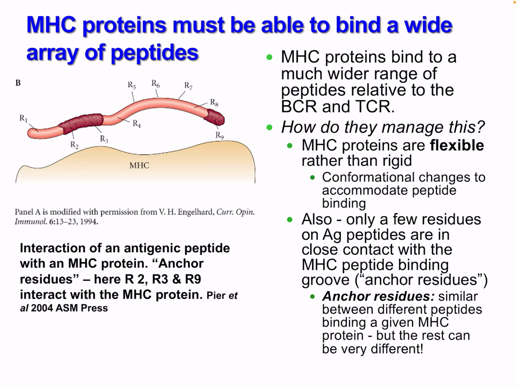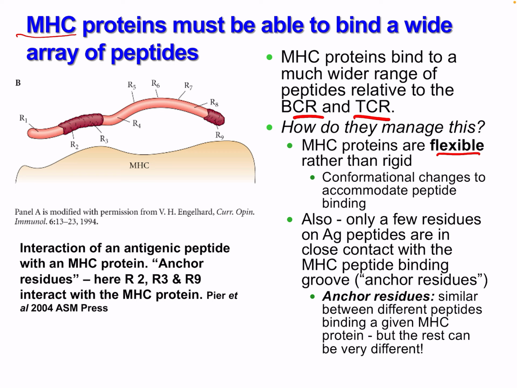So we need these MHC proteins to be able to bind to a wide array of peptides. MHC proteins bind to a much wider range of peptides relative to the B cell and T cell receptor. They manage this because MHC proteins are flexible rather than rigid, and conformational changes occur to accommodate peptide binding.